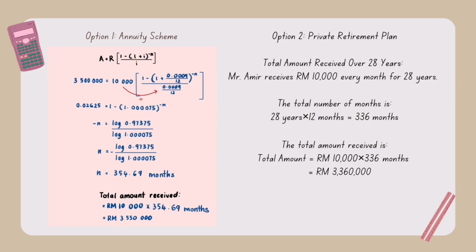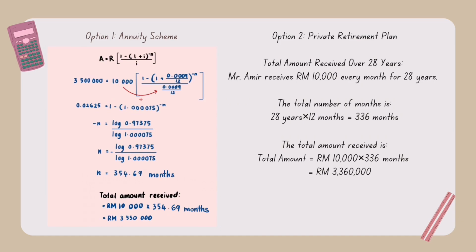Calculate it and we will get n equals 354.69 months. So we need to calculate the total amount received, which is 10,000 ringgit times 354.69 months, and calculate it and we will get 3,550,000 ringgit Malaysia.